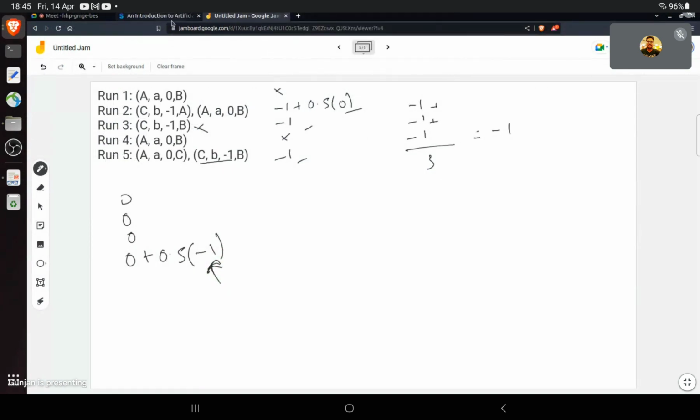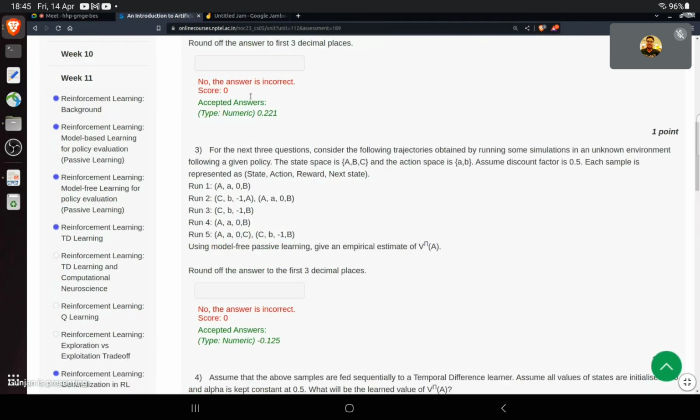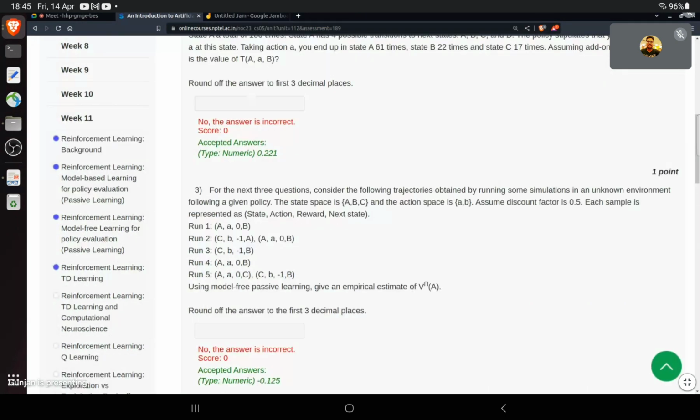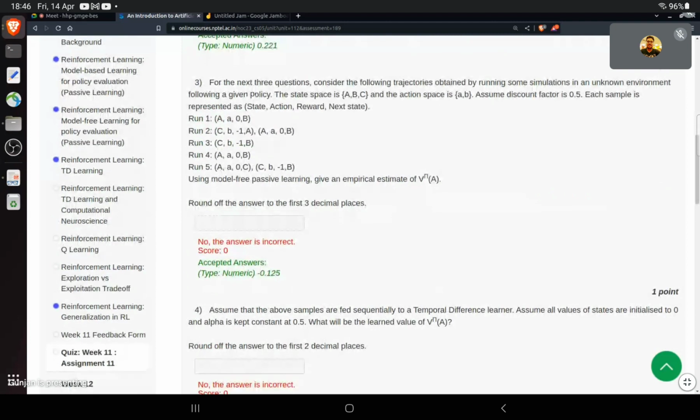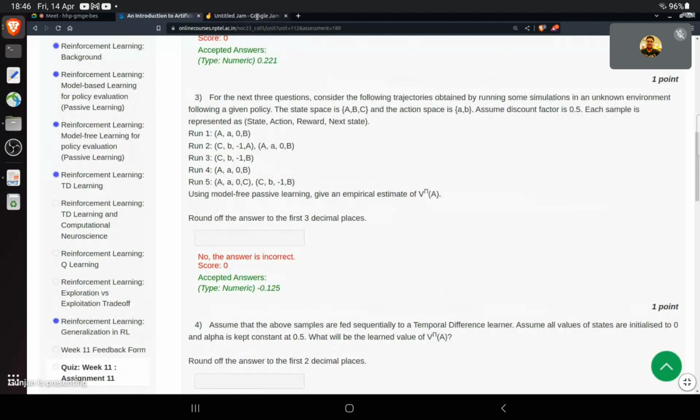Actually, in the second question, the question after this, I tried a similar strategy. For example, to calculate V pi, I first tried to create a model of the transition states.